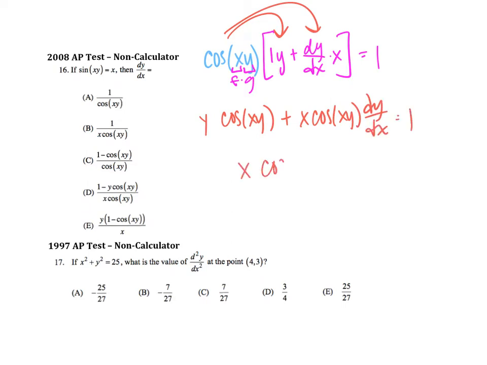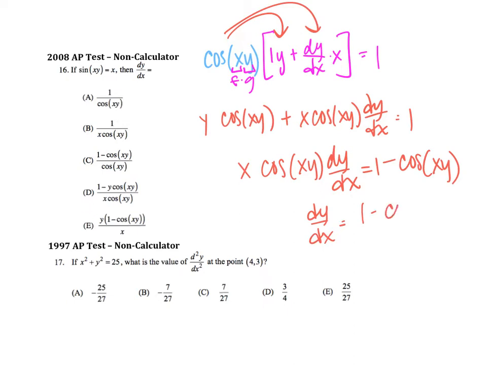Then we'd be left with x times the cosine of xy times dy/dx equals 1 minus that quantity, leaving me with dy/dx. I want it all by itself. dy/dx equals 1 minus the cosine of xy all over the quantity x times the cosine of xy. And that answer is D.